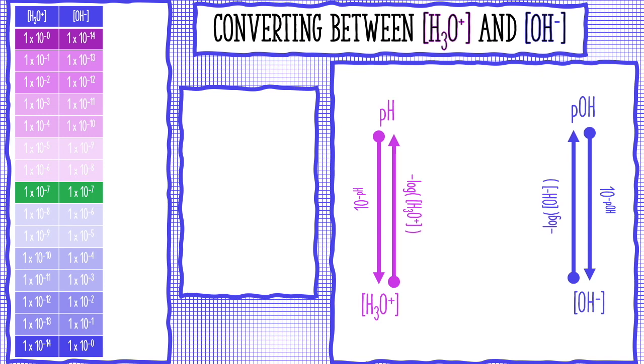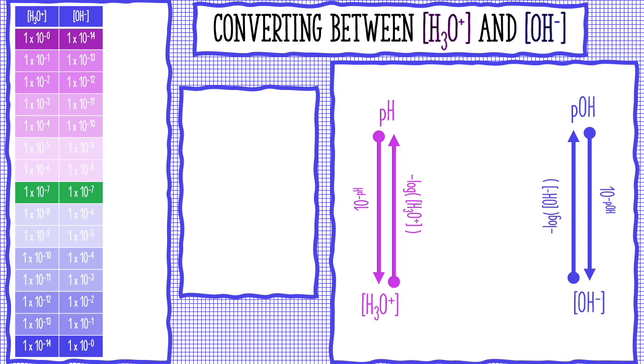Okay, so when we're converting between hydronium ion concentration and hydroxide ion concentration, we talked on the last slide about how the product of the concentration of hydronium ions and hydroxide ions is equal to that Kw value, or that equilibrium constant for water.